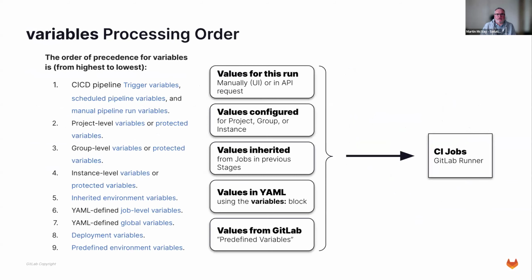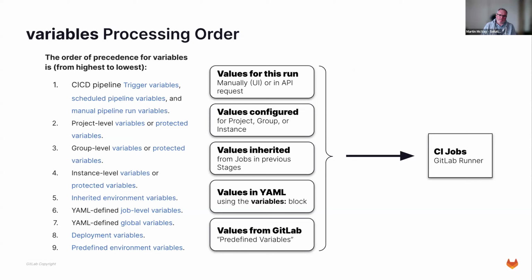So what we have inside our build pipelines, and you will see this when you run pipelines, and you've seen some examples of variables existing in GitLab CI files already, is an order in which variables are processed. Looking at the middle section there, we'll process values that have been defined for this run first, followed by values configured for the project or the instance.